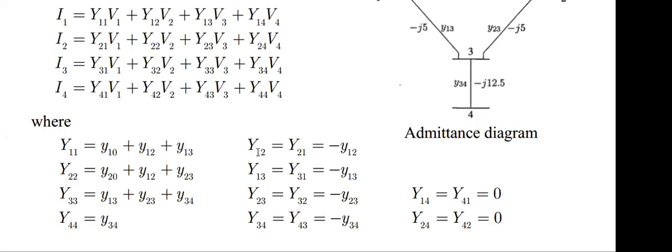So you can consider Y12 equals Y21. And there you can see negative, right? Negative Y12 or Yij, if your i is 1 and j is 2. Likewise, these are the sets of all the admittance information in terms of transfer.